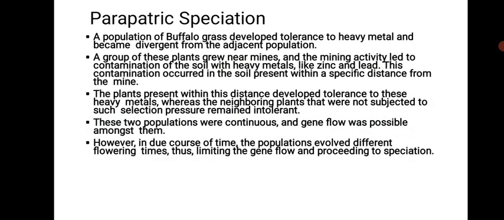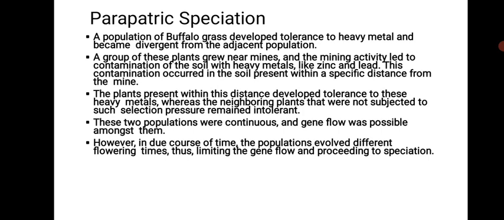In parapatric speciation, there is one example of buffalo grass that developed tolerance to heavy metals and diverged from the adjacent population. The group of these plants grew near the mines, and mining activity led to the contamination of the soil with heavy metals like zinc and lead. This contamination occurred in the soil present within a specific distance from the mine.